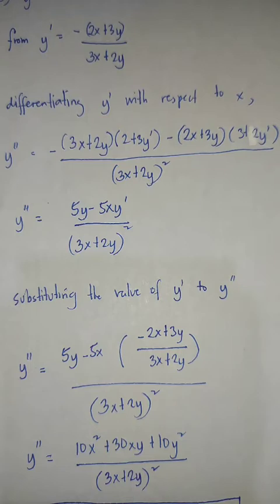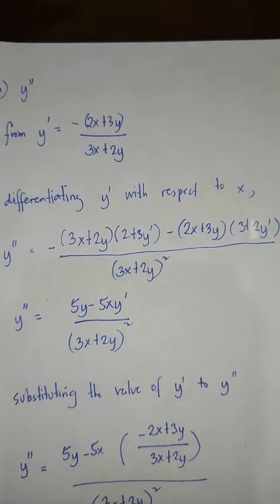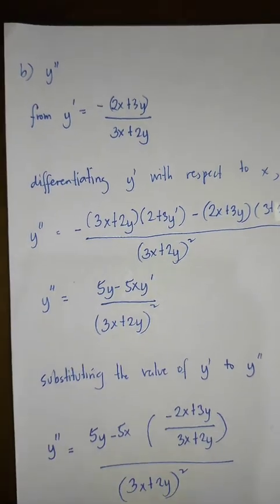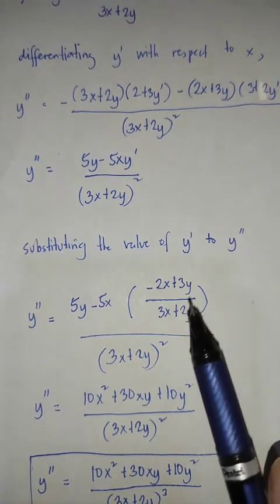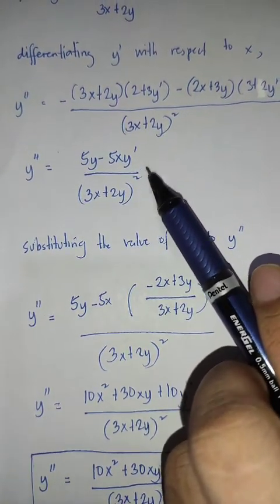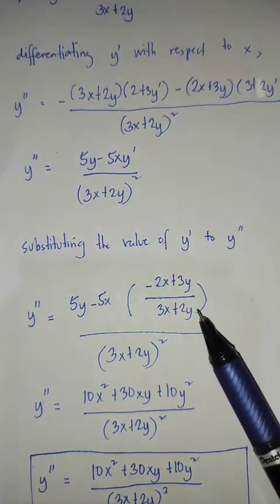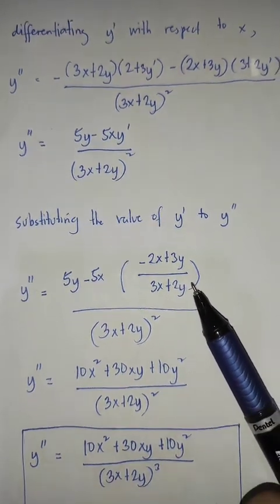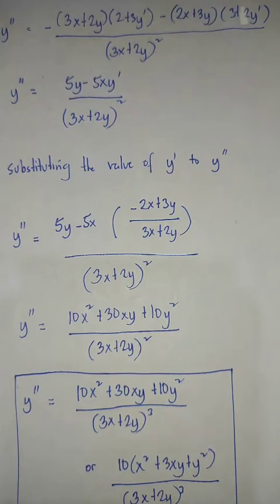Tapos, sabi dyan, substituting the value of y prime to y double prime. Kasi diba, yung first derivative natin may value which is negative 2x plus 3y over 3x plus 2y. So, sinubstitute ko siya dito kasi ito yung y prime. Sinubstitute ko yung value ng first derivative, naging ito. And then, performing the operation, naging siyang 10x squared plus 30xy plus 10y squared over 3x plus 2y quantity square.